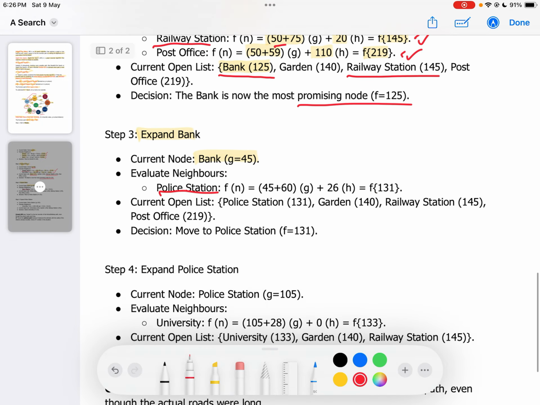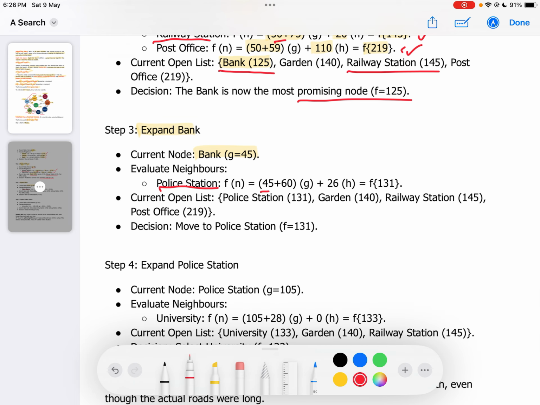So 45 from home to bank, plus 60 from bank to police station, plus the heuristic value. The function is g plus h. Adding 45 plus 60, 105, plus 26, we get 131.